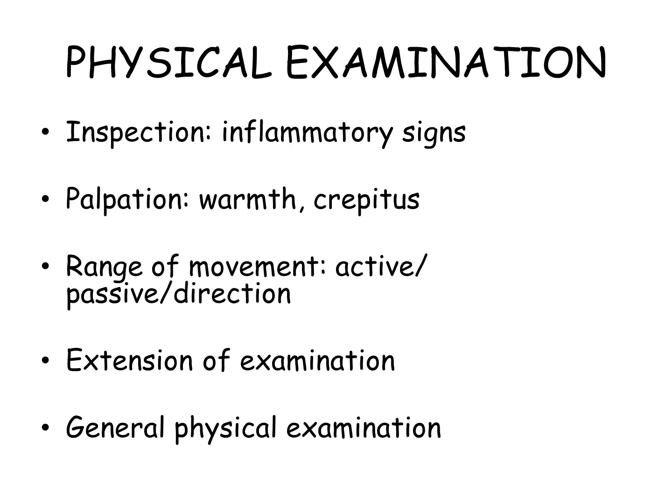So you inspect for inflammatory signs, you palpate for inflammatory signs, you ask the patient for active movements and you assess the range of movements and passive movements, and you assess in which direction the patient has symptoms and whether there is any crepitus or not, any fluctuation or not. You may extend the examination accordingly, and general physical examination is an important part of the rheumatological review.